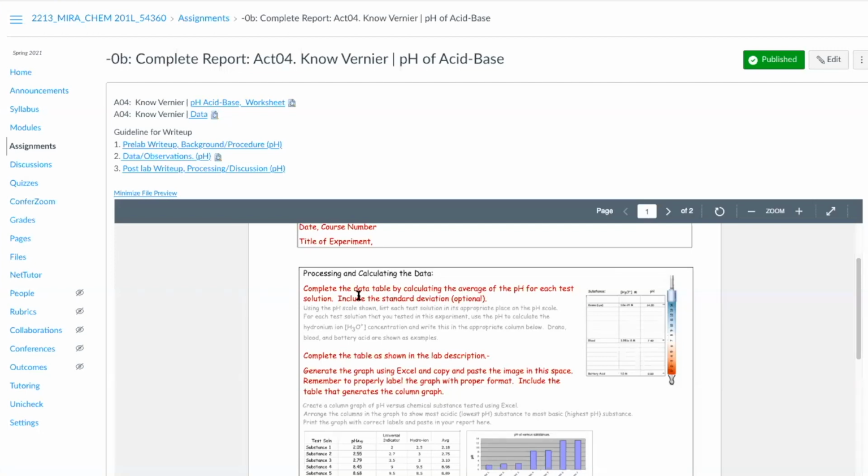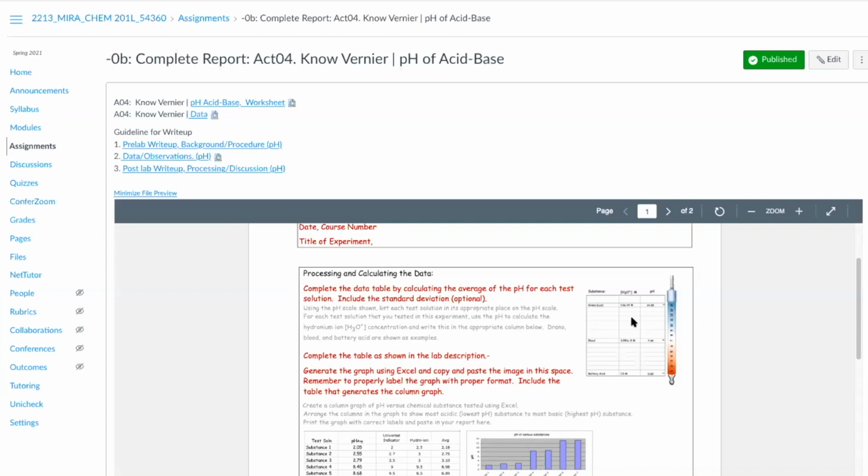You've basically recorded the colors of the different test papers, as well as the color of the universal indicator, and then the pH value based on the pH probe. And then you're going to come up with an average and fill out this sheet. It's in your lab report, so you have an idea of what the hydronium concentrations are and the pH value.